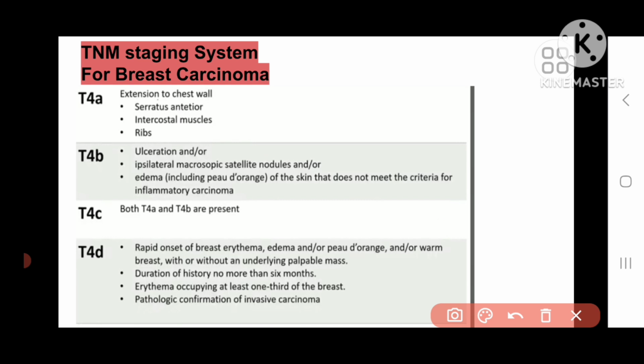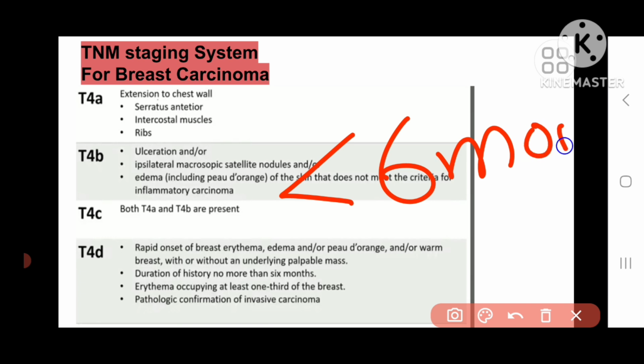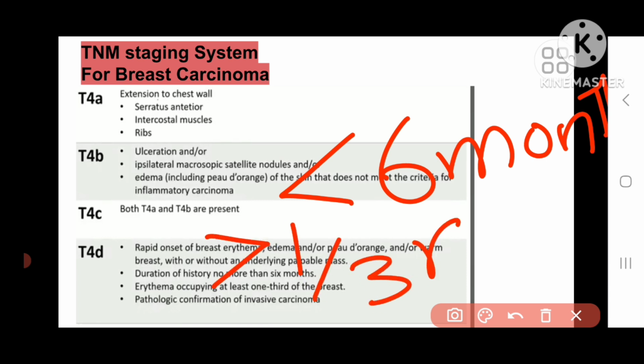Breast edema, breast erythema, or peau d'orange has the following characteristics for T4d. Duration is less than 6 months, and the breast edema or breast erythema involves at least one third of the breast.